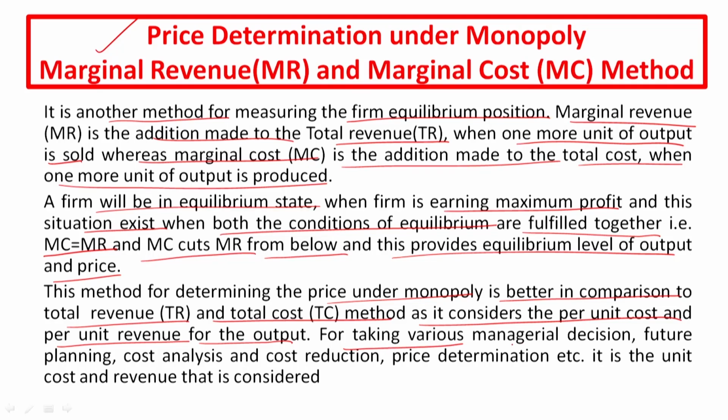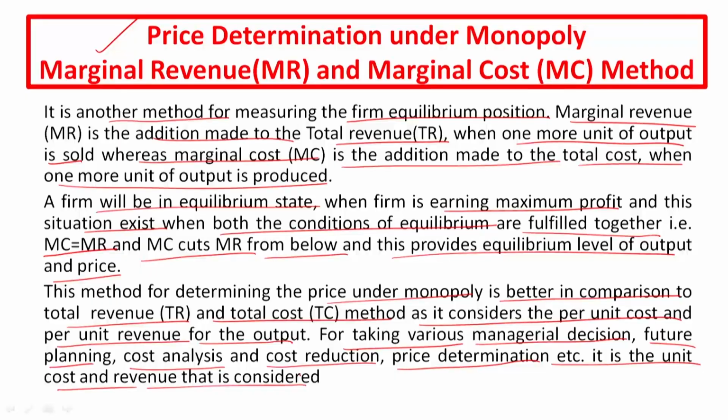For taking various managerial decisions, future planning, cost analysis, cost reduction, price determination, etc., it is the unit cost and revenue that is considered. That means MC and MR approach is better in comparison to TC and TR approach, because this approach considers the per unit cost.